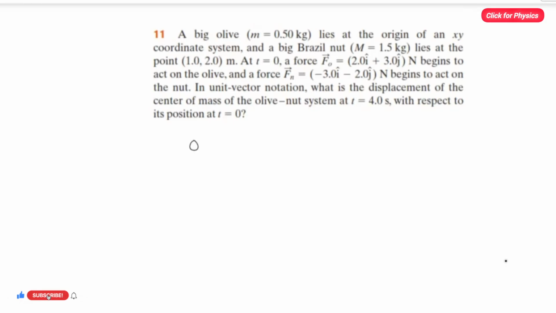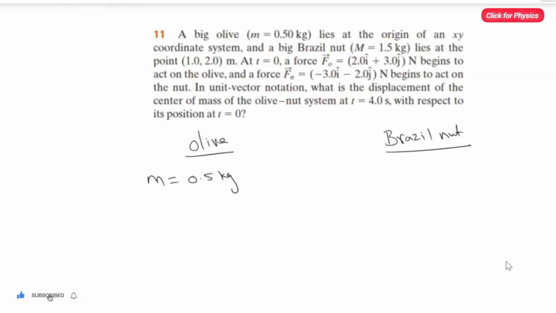So here I can write the information about the olive, and here I'm going to write the information about the Brazil nut. Clear? So the mass of the olive, small m, is equal to 0.5 kilogram, and the Brazil nut mass, capital M, is equal to 1.5 kilogram.